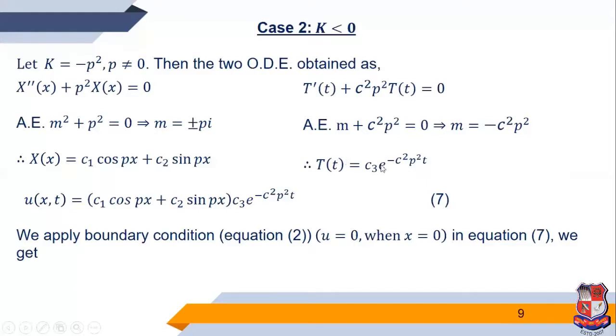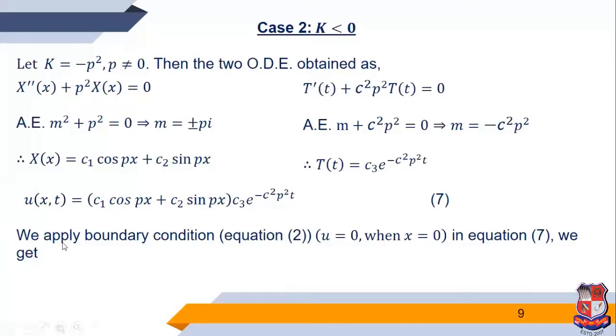We input them in the general solution u(x,t) equals X of x times T of t, which is c1 cos px plus c2 sin px times c3 e raised to minus c square p square t. So this is equation 7. Equation 7 is a solution of the given one dimensional heat equation for the k less than 0 case.